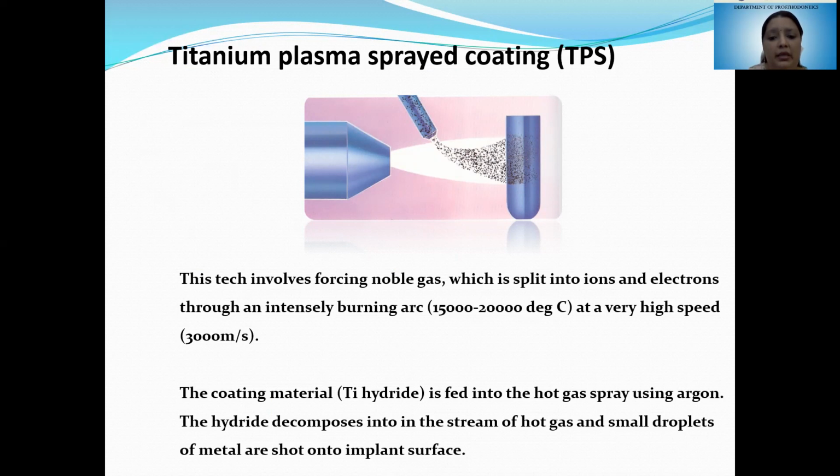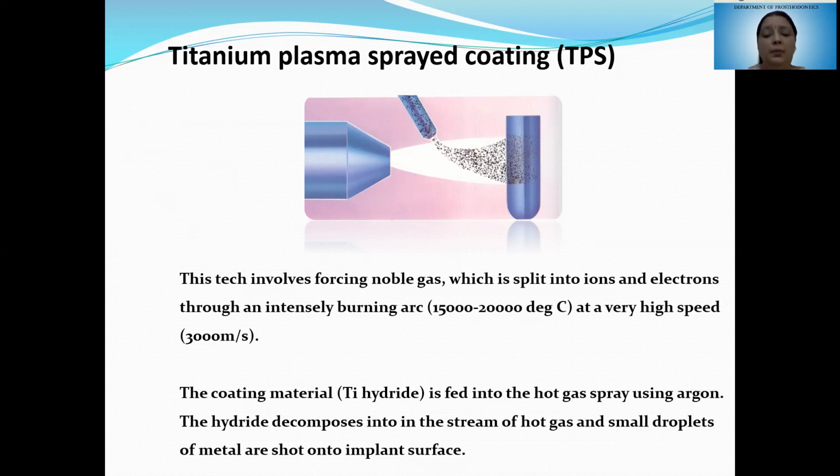Now, the coating material, which is usually titanium hydride, is fed into this gas spray. The titanium hydride decomposes and forms very small droplets of metal, which are shot onto the surface of the implant. They coat the surface of the implant, forming small droplets of titanium on the surface.